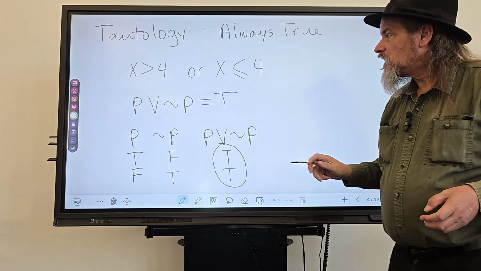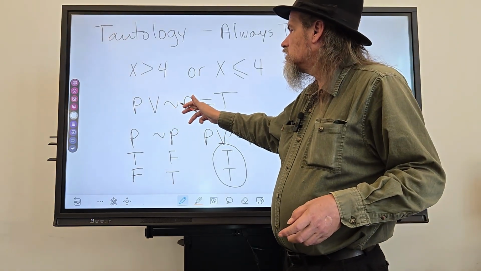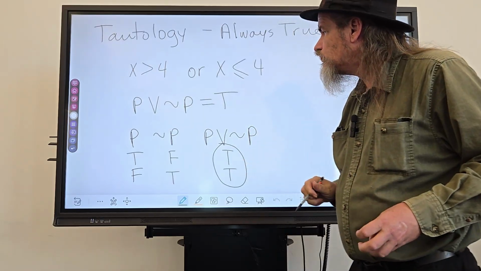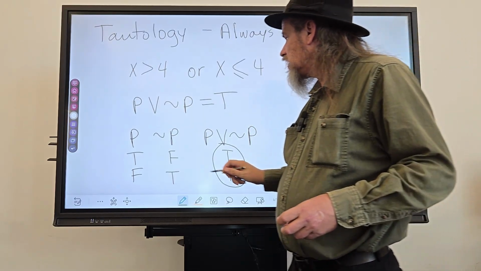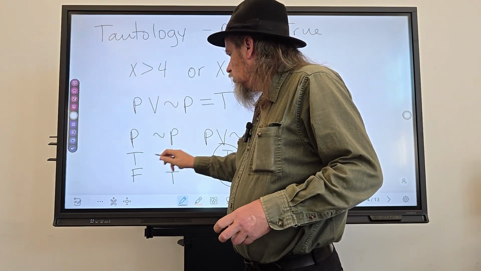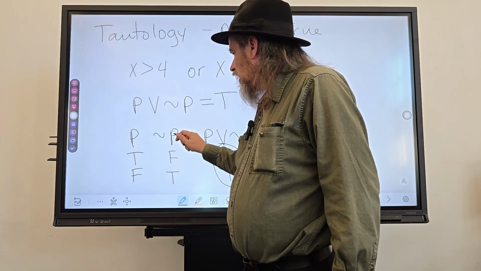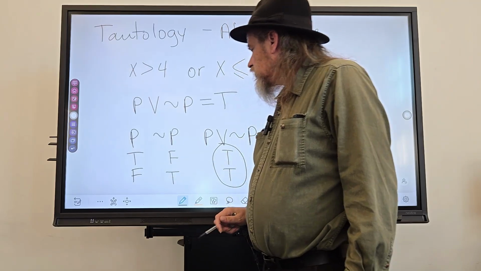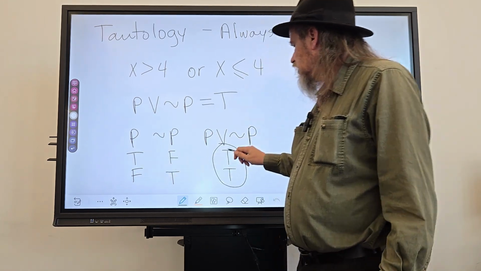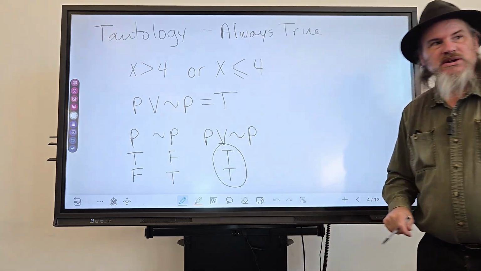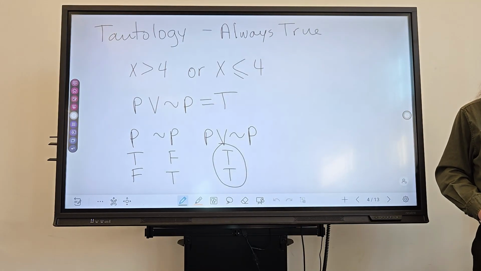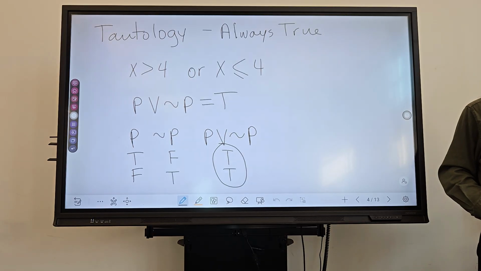So P or not P is equal to true. And if you look at the truth table, P is true or false, not P is false, true, and you OR those together, and you get trues all the way down the line. So that is what's called a tautology.